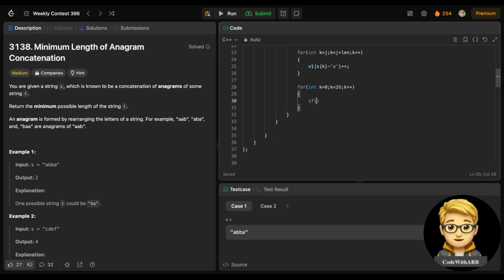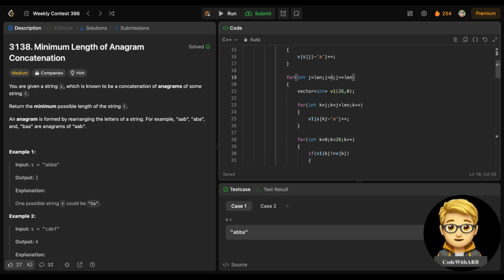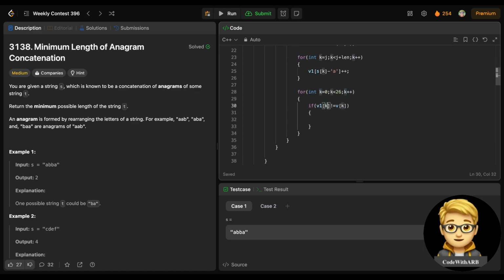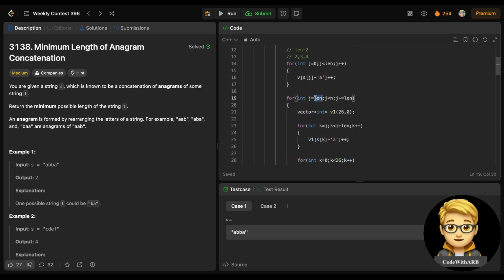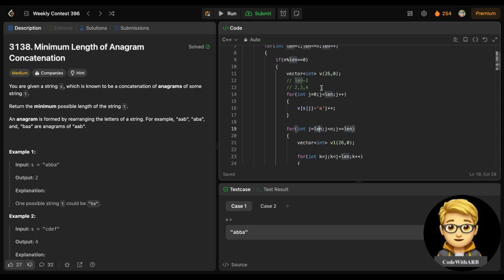So for this I will check whether v1 of k is equal. If this is not equal, it means this length is not possible. If at any point it is not possible for any segment, then it is definitely sure that this length will not be able to make anagrams for making this string, right?